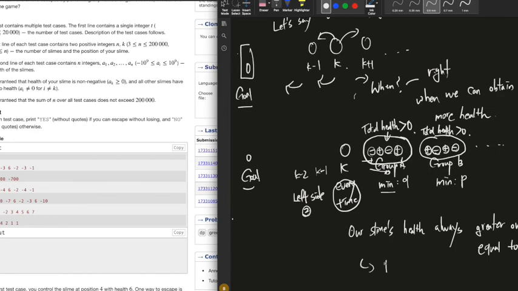Otherwise, it's the end of the game. That's why we need to focus on the minimum value for this group.